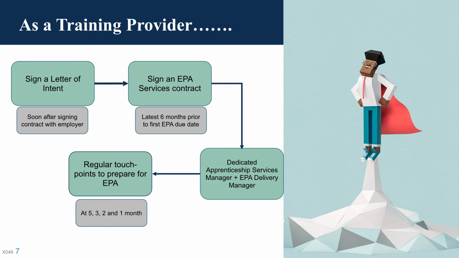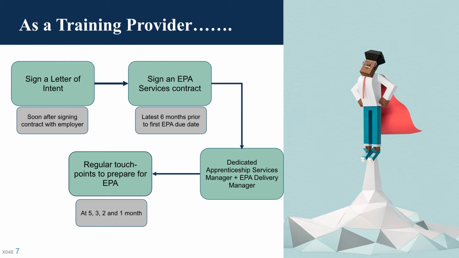What happens at that point is that you get assigned a dedicated apprenticeship services manager and an EPA delivery manager, and both those named individuals are detailed within the services contract that you sign. From that point onwards, our EPA service delivery process gets triggered, and that's what we'll go through shortly.